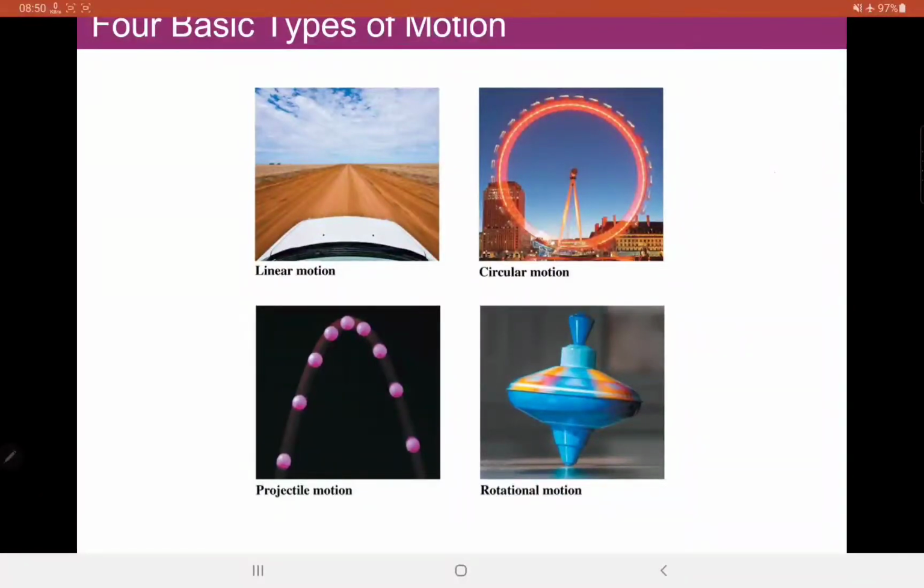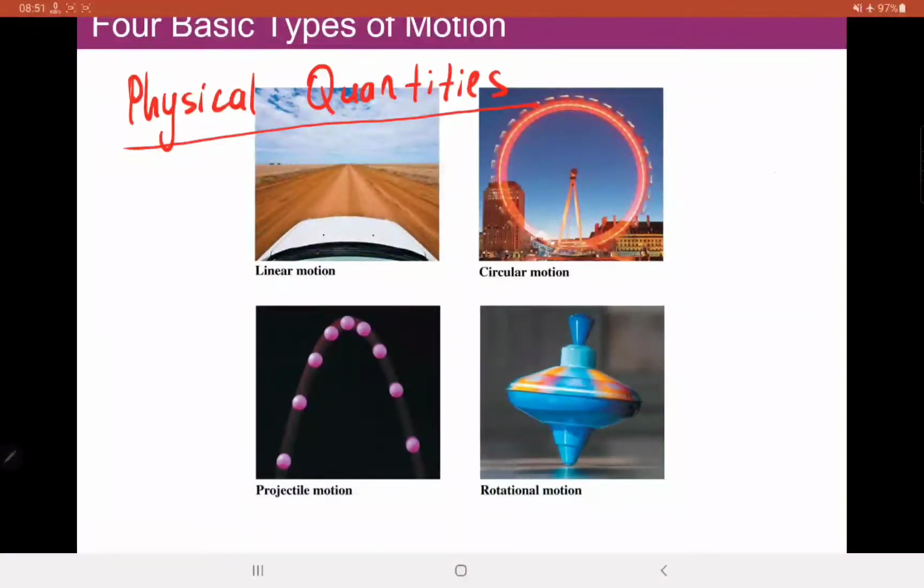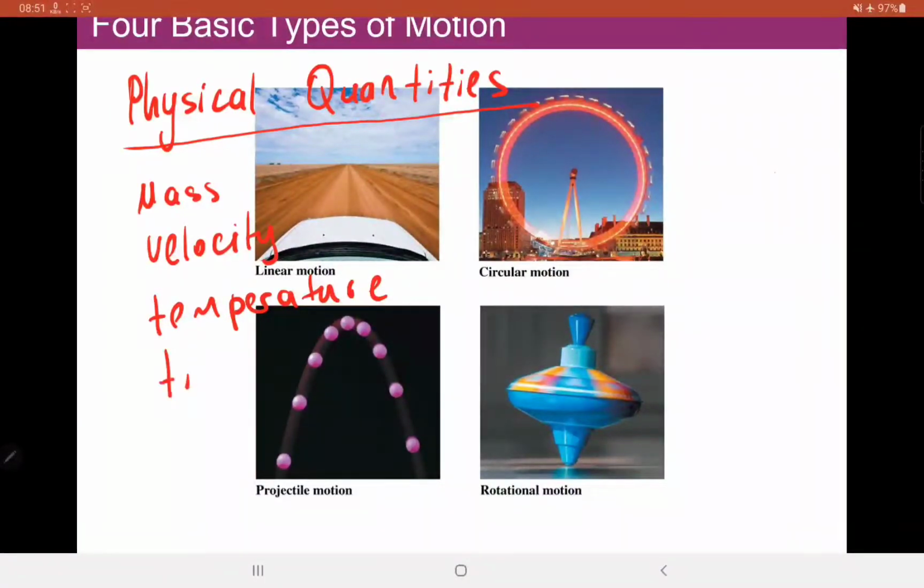All physical quantities, what does it mean, physical quantities? Everything that we use in terms of physics, let me write it here. Physical quantities, all physical quantities, it can be mass, for example, mass is a physical quantity, velocity, everything that you know about physics, temperature, what else we know, time, energy.